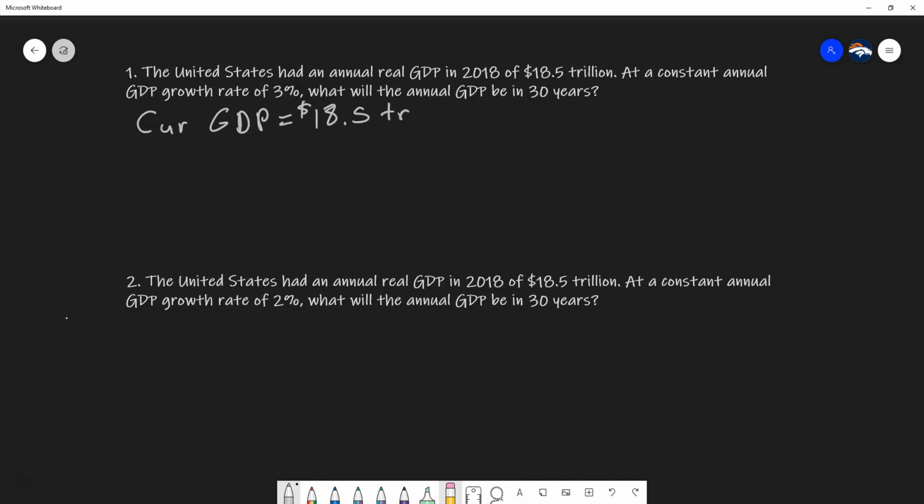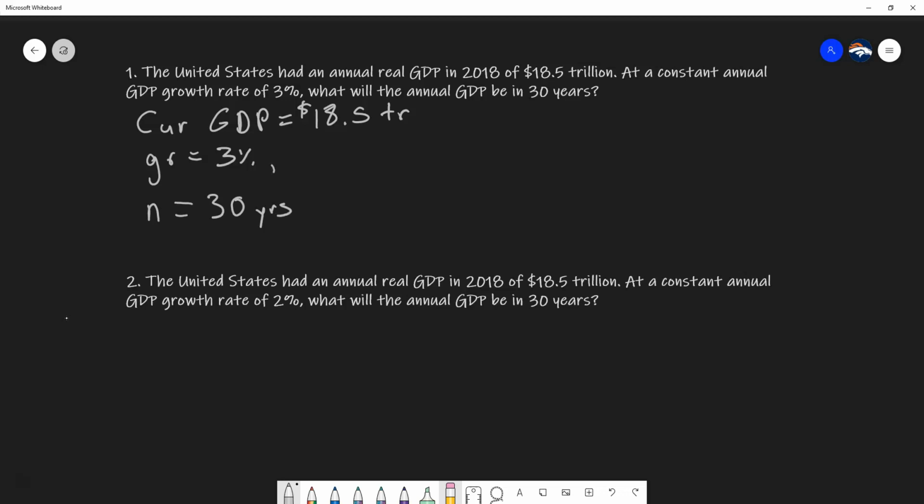And we want to know what the future GDP will be in 30 years at a constant growth rate of 3%. So our growth rate equals 3%. And the number of years equals 30, because that's the amount of years we are looking at.